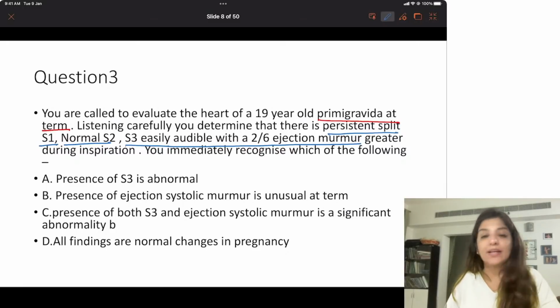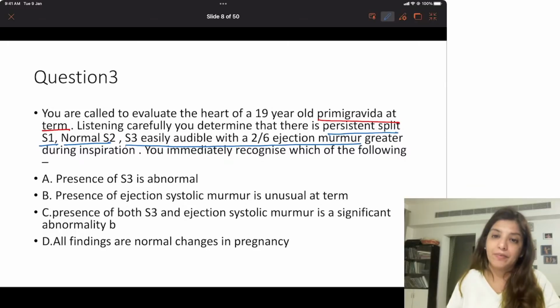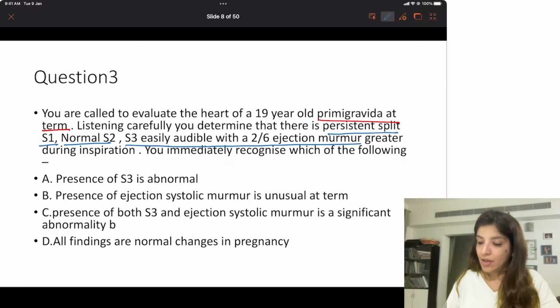You immediately recognize which of the following. Option A, presence of S3 is abnormal. Presence of ejection systolic murmur is unusual at term. Presence of both S3 and ejection systolic murmur is a significant abnormality. All findings are normal changes in pregnancy.